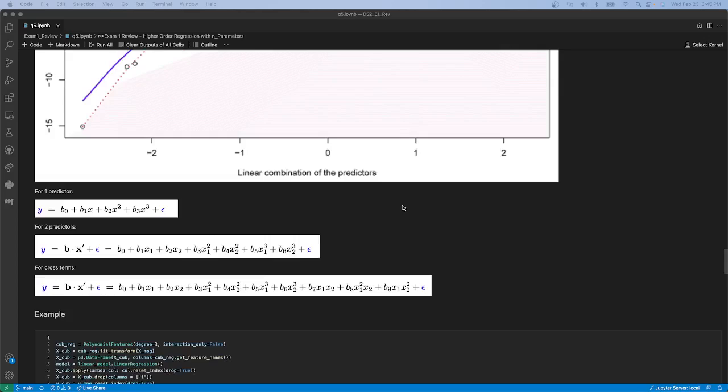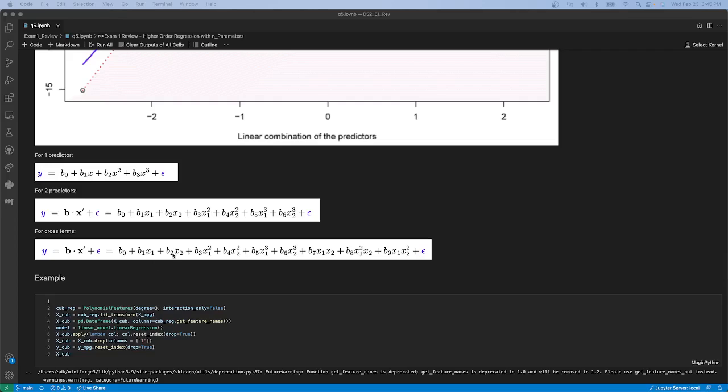And again, I try to include the three cases. This is the simplest case of cubic regression. This is for two features, and this is when we add cross terms. We can see in this case, we're crossing the x term with the x squared term.